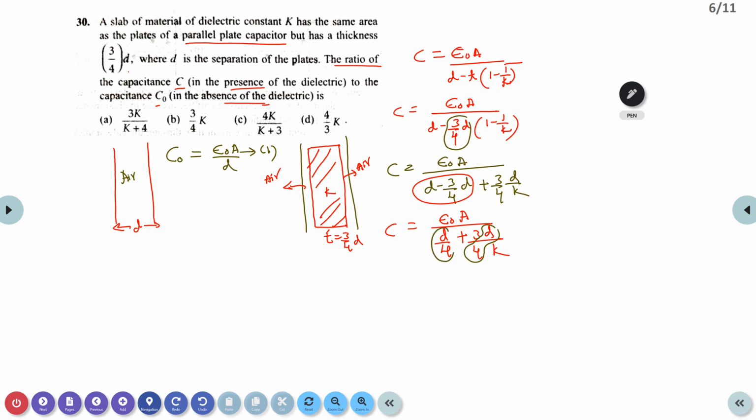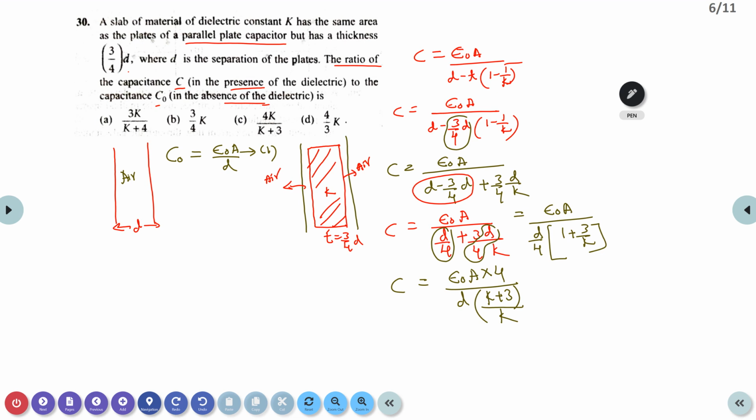This equals epsilon naught into A divided by D by 4 within the bracket 1 plus 3 divided by K. Again simplified: C equals epsilon naught into A into 4 divided by D into bracket K plus 3 divided by K.